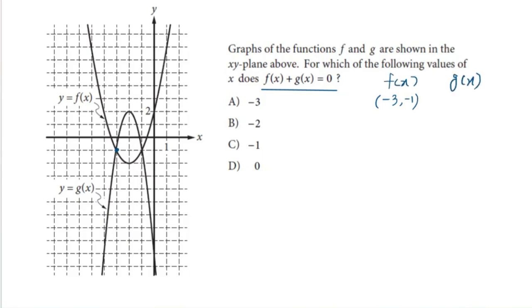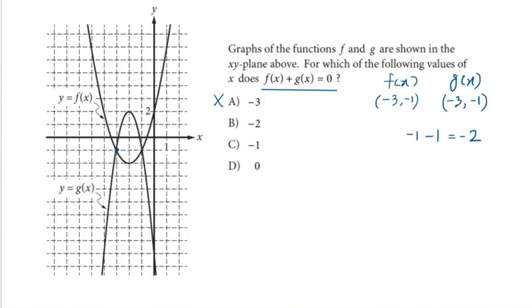If you add the y coordinates, they do not add up to 0. They add up to -2. So this is an incorrect option. When you are in practice, you can just do them mentally as well, but I'm giving you a detailed explanation of how you can figure those values out.